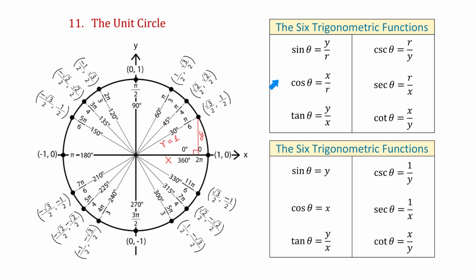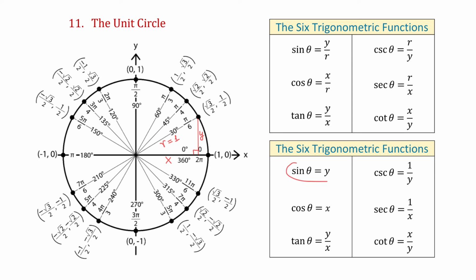So if in these formulas we replace r with 1, then we get the following. Sine of theta equals y, cosine of theta equals x, tangent of theta equals y over x, cosecant of theta is 1 over y, secant of theta is 1 over x, and cotangent of theta is x over y.